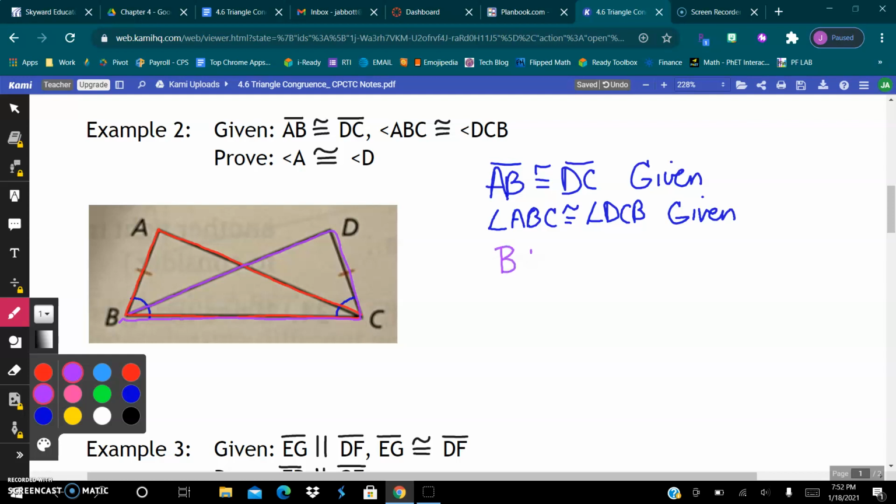So segment BC is congruent to segment BC, because they're both using that same side. So remember, that's the reflexive property. That one we use quite a bit. Reflexive property of congruence.